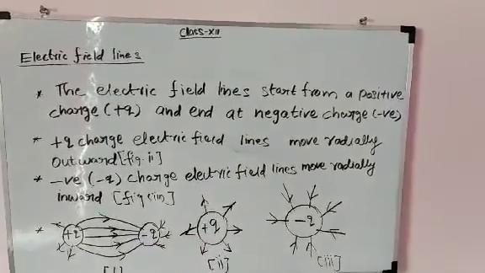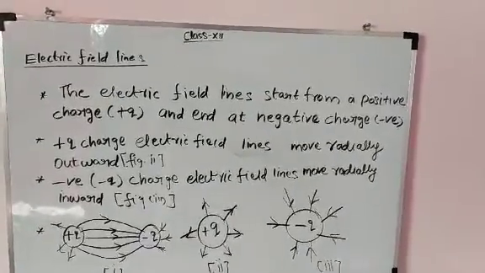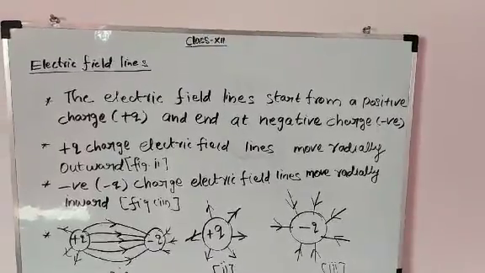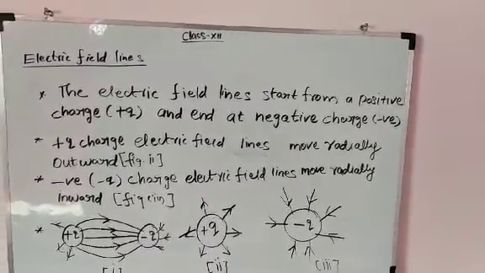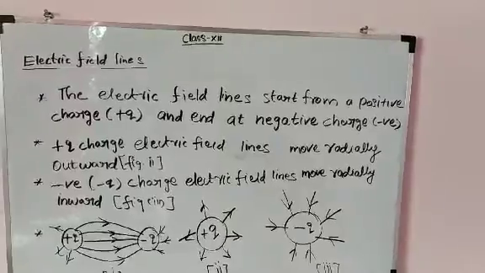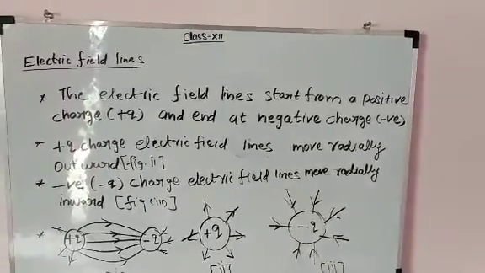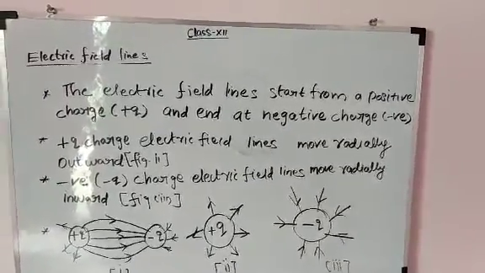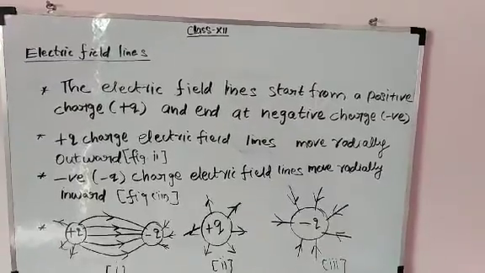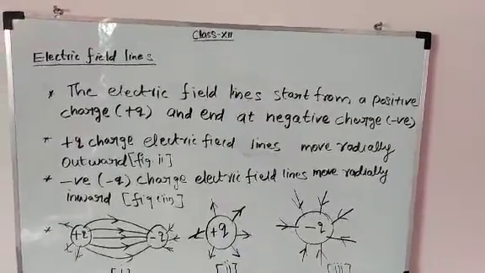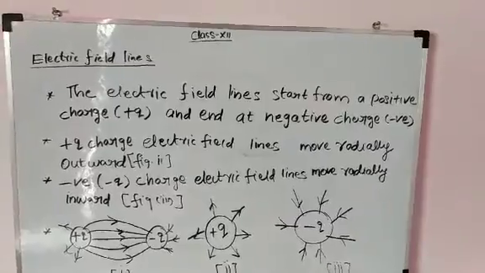Hi students, now I am going to teach 12th standard physics volume 1 lesson 1, properties of electric lines of force. We already discussed electric force, the force between two charges.